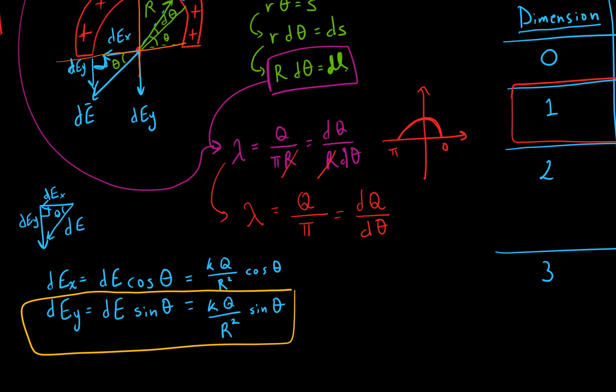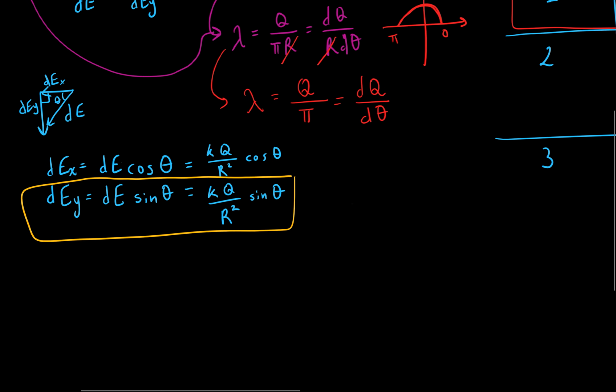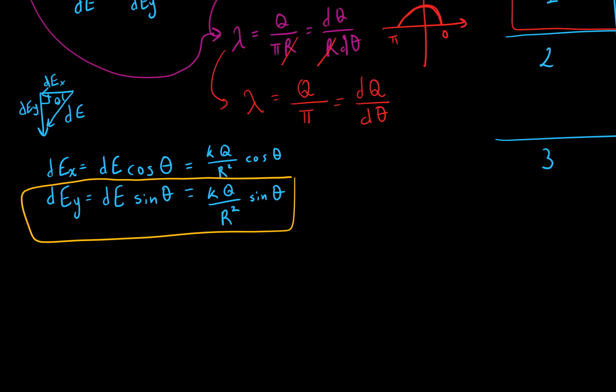Now let's deal with this y component. And I made a mistake, so please forgive me. It should have been dq. So now we're going to use our intensive property here to rewrite that. I want to get rid of the dq.